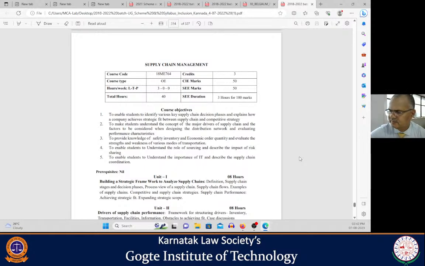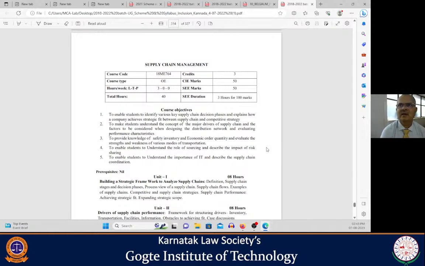In business today, there are three main pillars. One is ERP, second is CRM and SRM, and third is supply chain management. Of course, you may know a little bit about ERP. It is enterprise resource planning, and CRM is customer relationship management, SRM is supplier relationship management, and the third one is supply chain management.